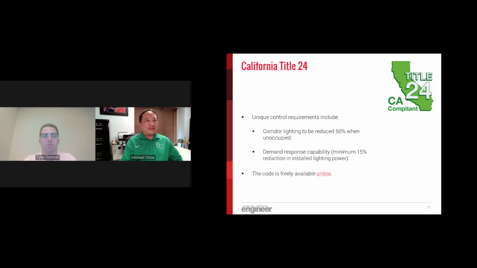And then you also have to have demand response capability. So what this means is the utility company, power company, they can send a signal to reduce the amount of energy consumption. And this could apply to lighting too. So you could dim the lighting, you could turn off some of the lighting in some areas. And this code is available online, and we have a link to it.